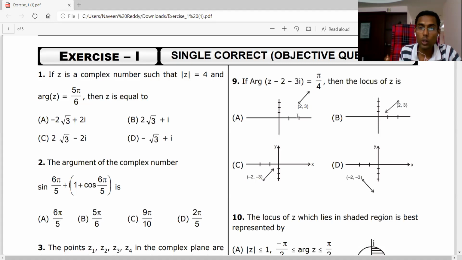This is 2 and this is 3. Which direction is it? Away from 2 comma 3. So this is your answer, A is the answer. You can check A, B, C, D, but just to explain that I had to tell all this.